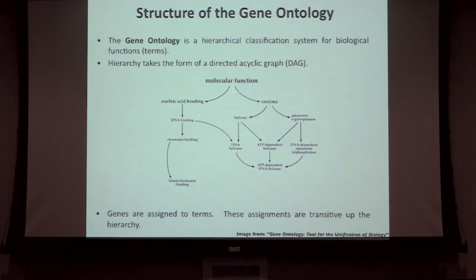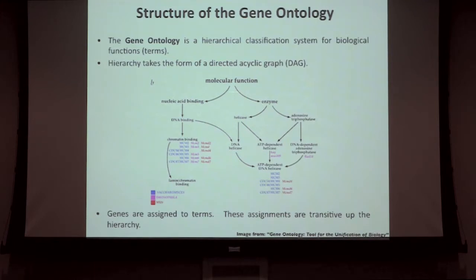And so what happens here is that genes are assigned to terms or functions. And so we might have this function chromatin binding, and when biologists submit annotations, they'll submit an annotation of a specific gene to a function. And these are done for different species.